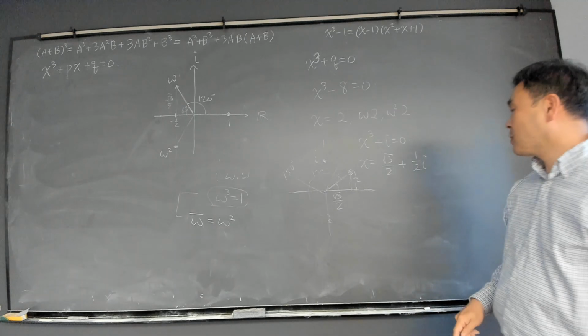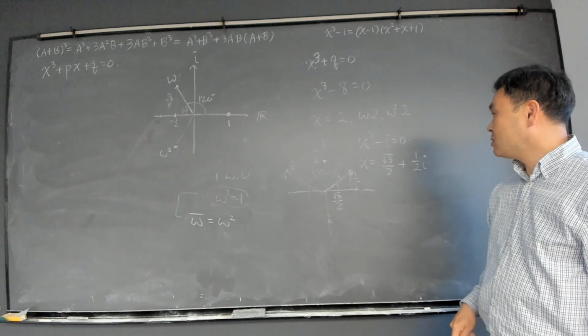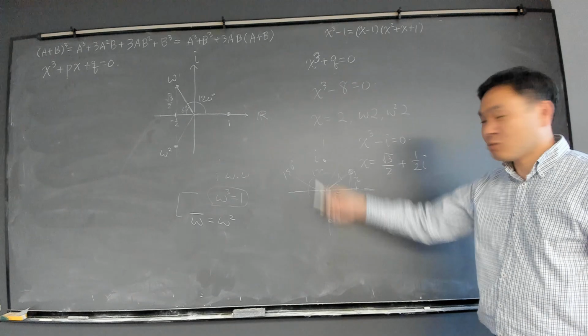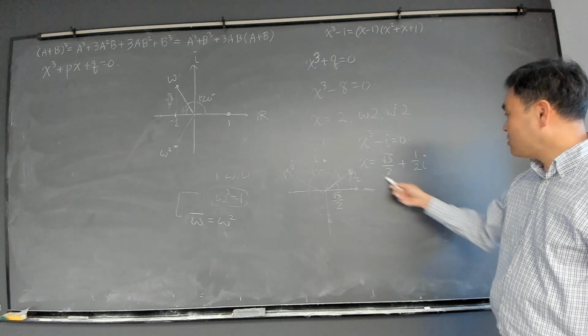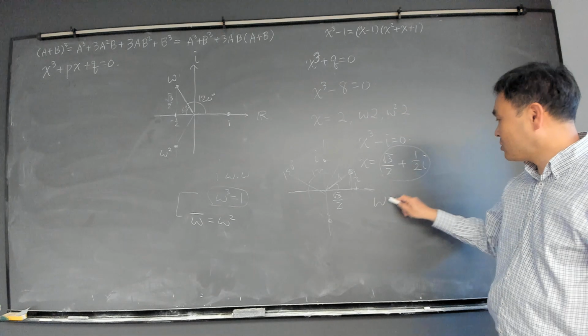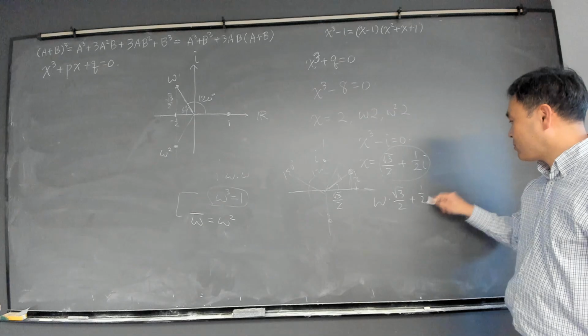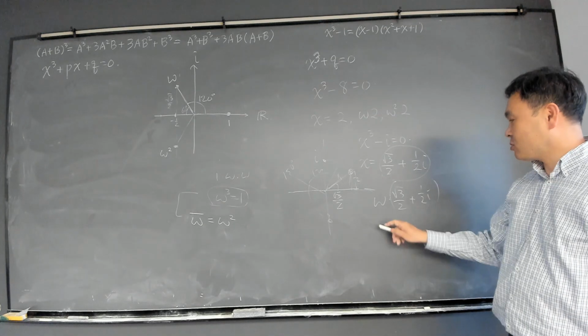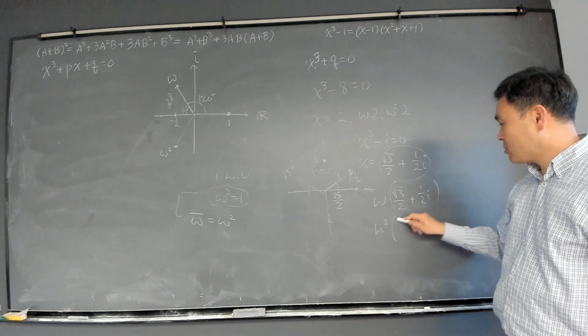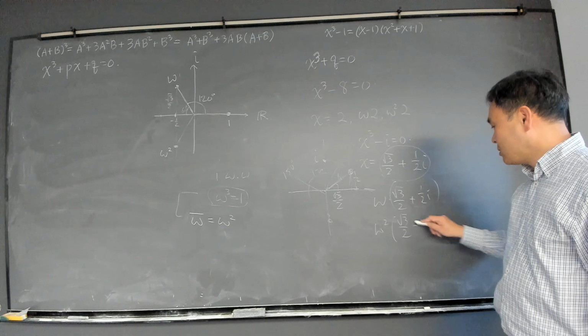Yeah, so these will be the solutions, three solutions. In other words, this is one solution, omega times radical 3 over 2 plus 1/2 i. That's another solution, and then the third solution will be this.